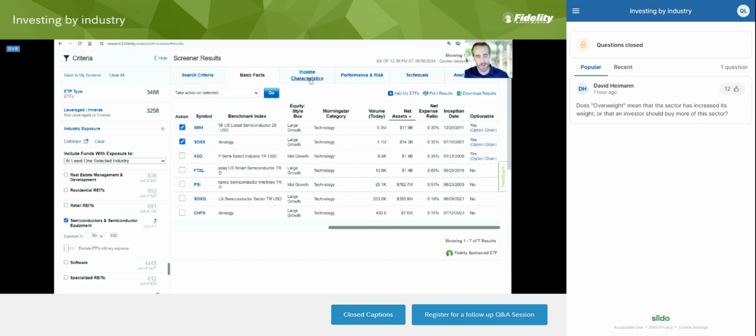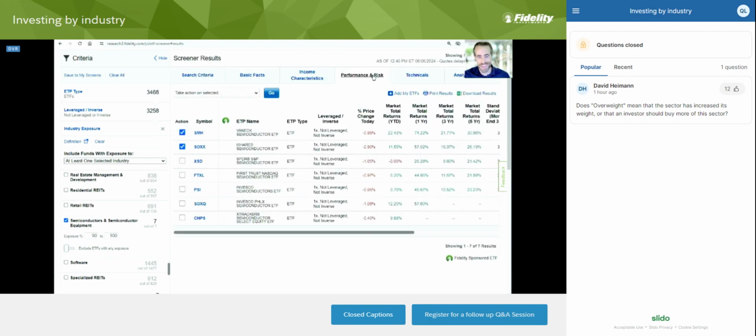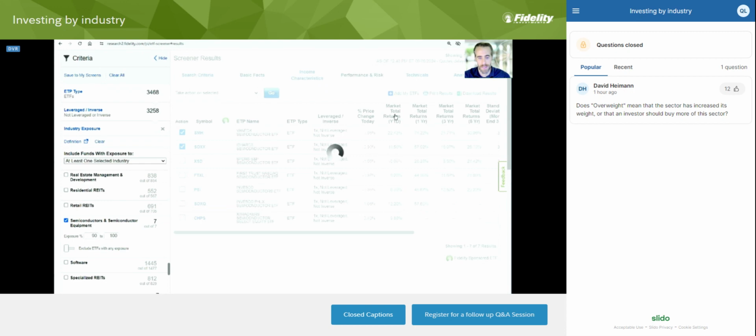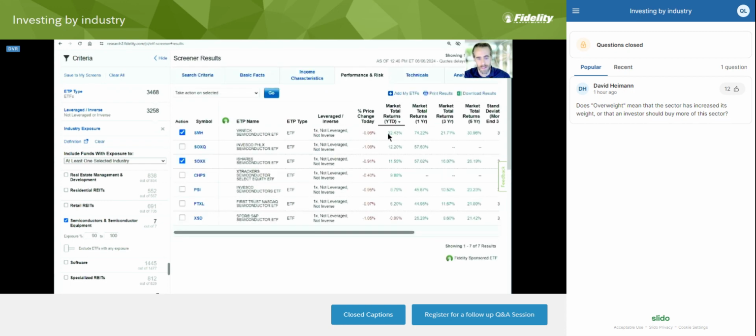Now you can go to income characteristics, technicals, analyst opinions. Let me click on performance and risk here. I think this will really drive home how different these funds can be from one another, even though they both say semiconductors. Let's click on the year-to-date returns. The top fund so far this year is up 22%.